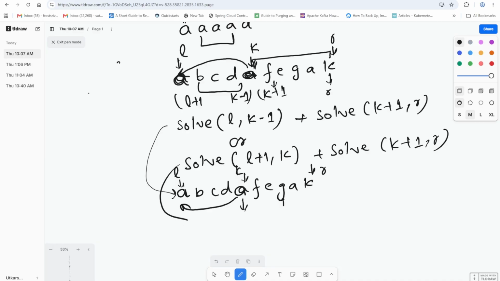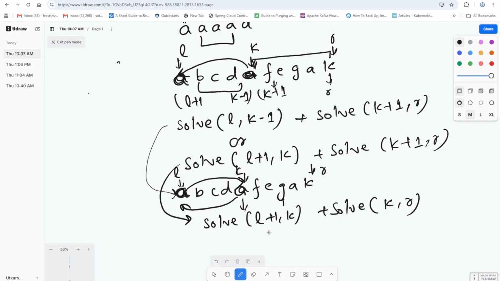And in this one we are including this A while printing this A, so we will exclude this A in our second call, and it will be L plus 1 to K, plus solve for K to R.